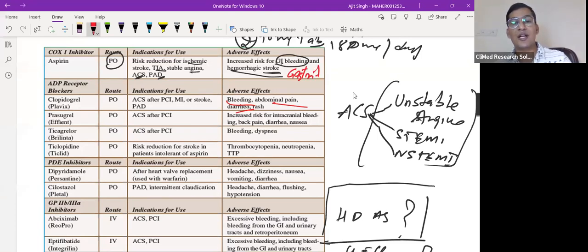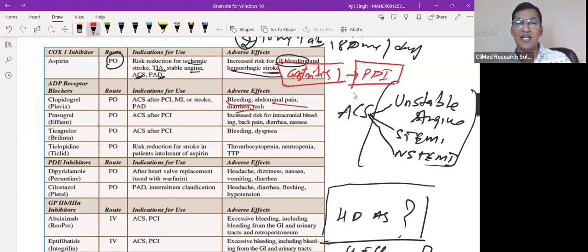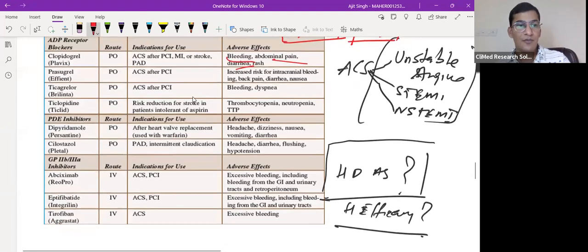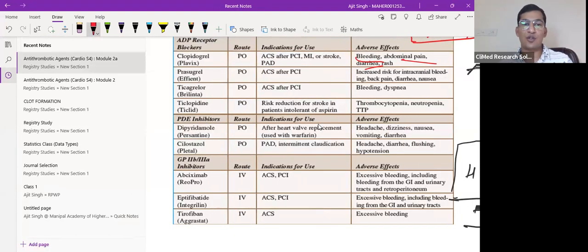That's why we always attach a PPI when we are giving aspirin. So for ticagrelor, again, bleeding risk is there. And when we are giving ticlopidine, there are chances of thrombocytopenia.